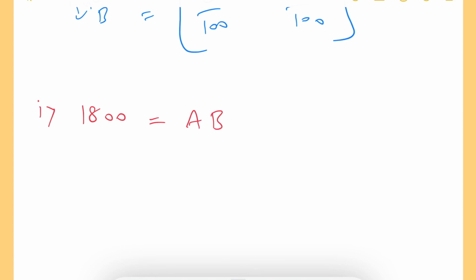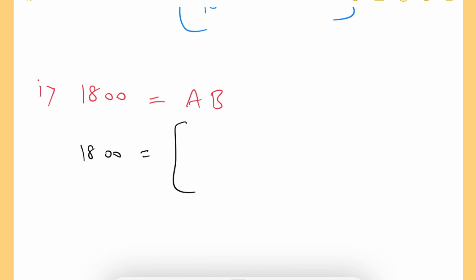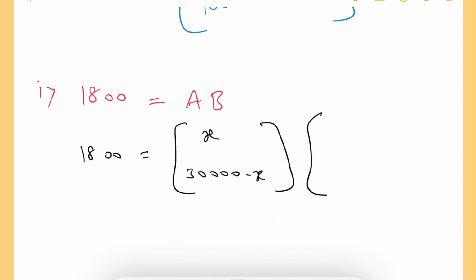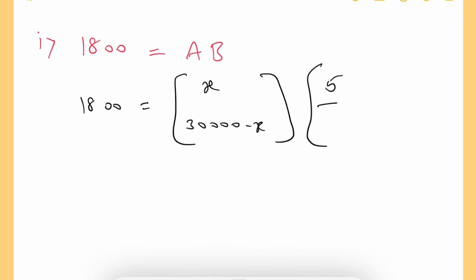So let us multiply this. 1800 is equal to matrix A, we have x, 30,000 minus x, into matrix B, we have 5 by 100, 7 by 100.